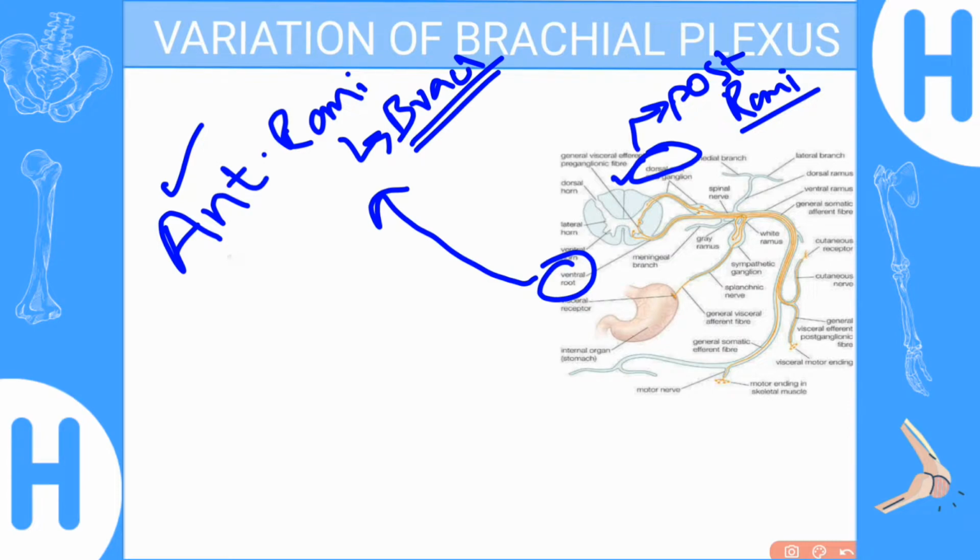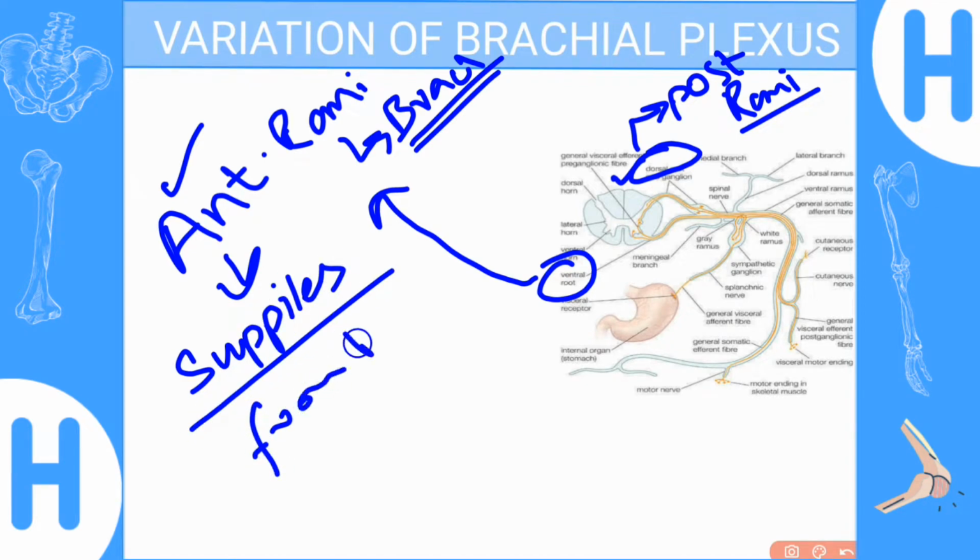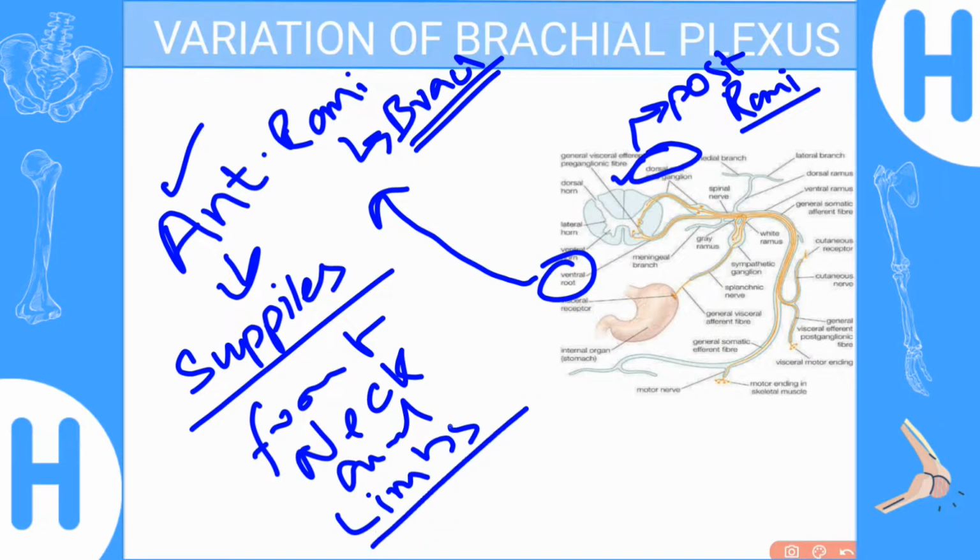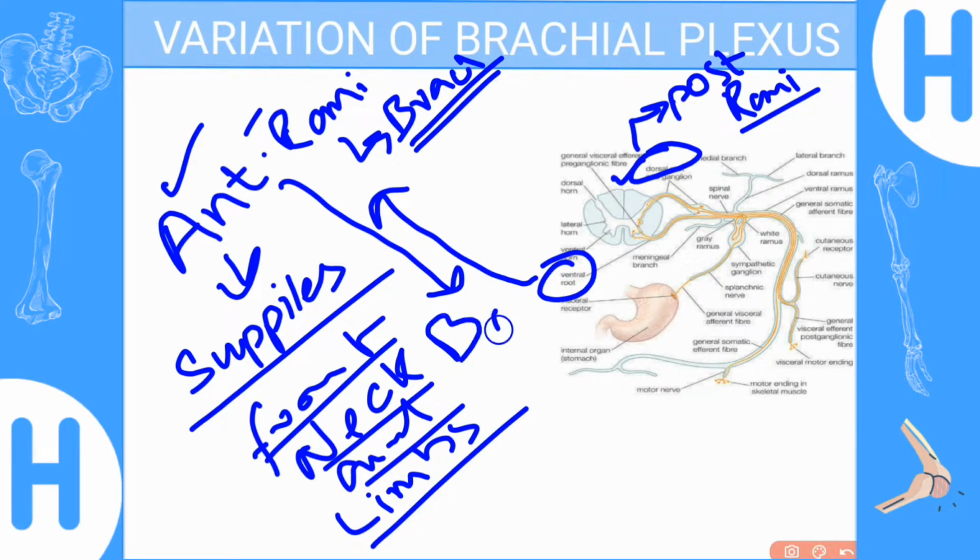Okay, so the anterior rami will supply the front of the neck and limbs. So the front side of the neck and limbs will be supplied by the anterior rami, and it will give rise to the brachial plexus.